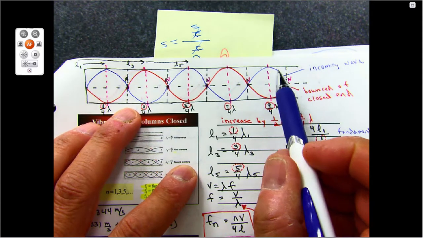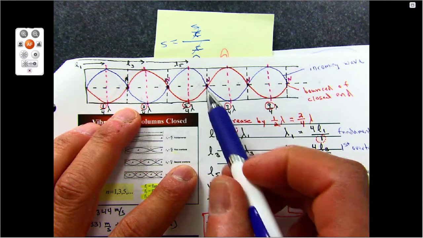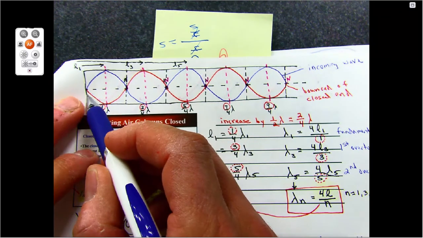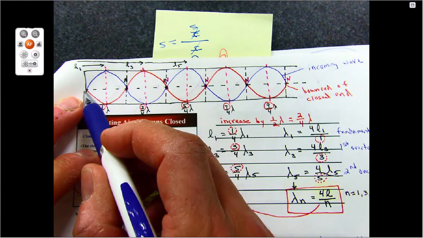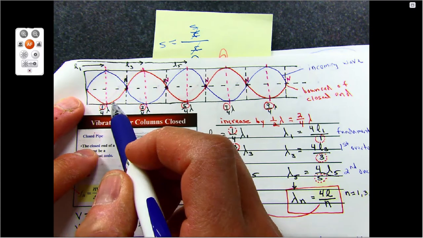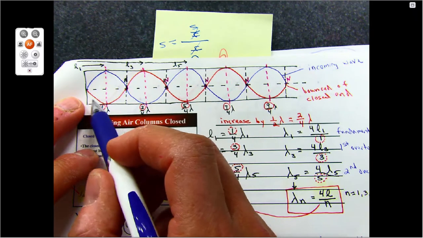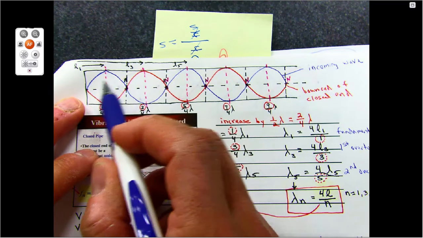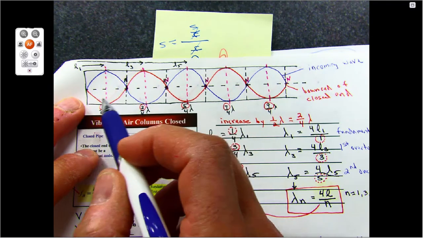There's an incoming sound wave that's in my blue. It is going to reflect off this closed pipe end, correct? Then it's going to send a wave back. My bounced off wave is in red. That's how we can get standing waves in there.